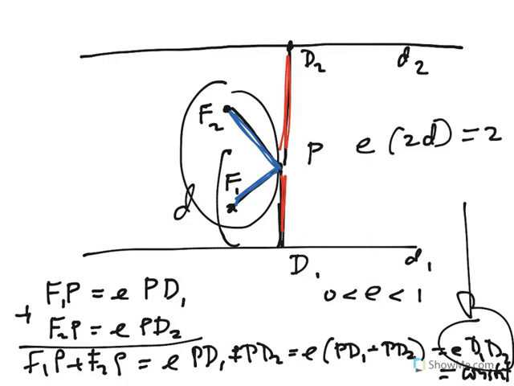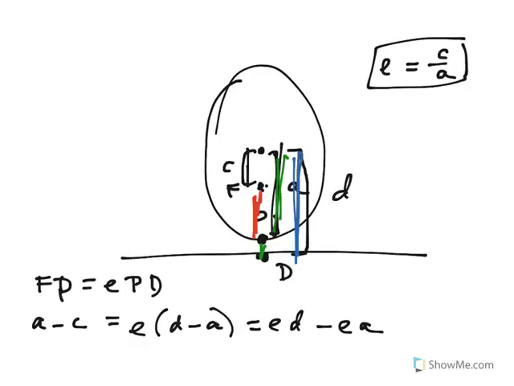If that's equal to 2a, then I can divide both sides by 2e and get 2a over 2e equals a over e. So I'm allowed to replace the d over here with a over e. The e's cancel out.